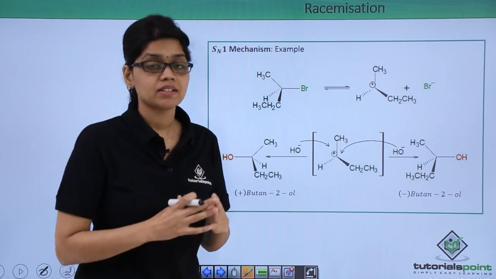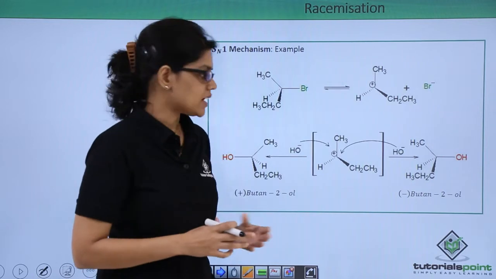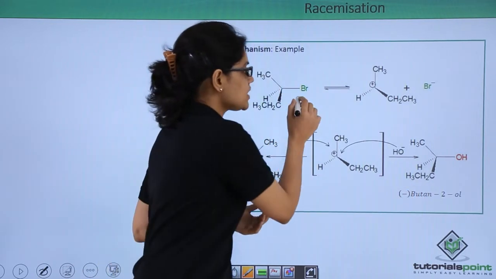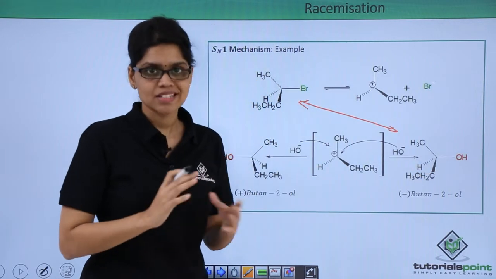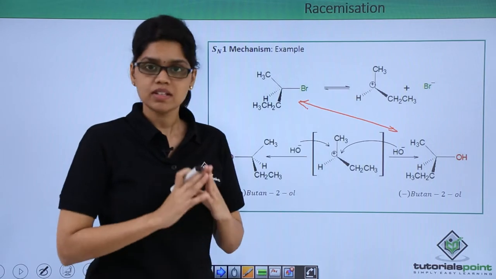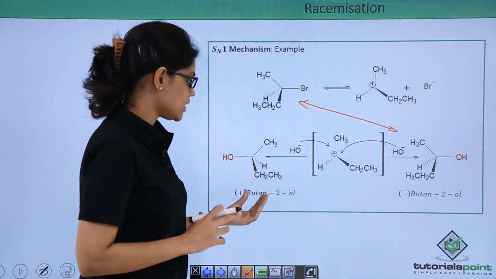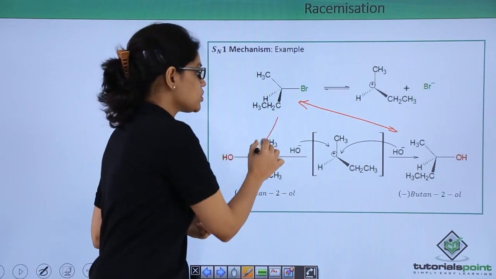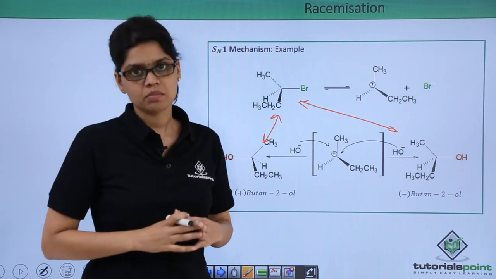Again, if you compare the configuration of the product with the reactant, you can easily see that (-)-butan-2-ol is an example of retention of configuration, as the configuration has not changed at all with respect to the reactant. However, if you look at (+)-butan-2-ol, you can see that the configuration of this product is inverted with respect to the reactant molecule, such that here inversion has taken place.